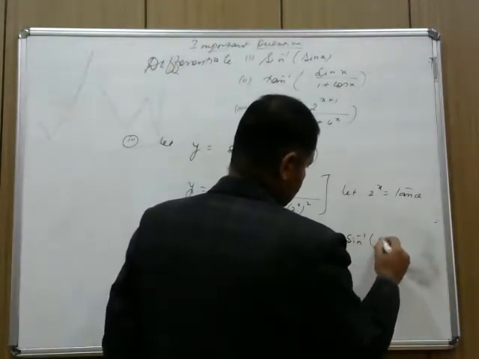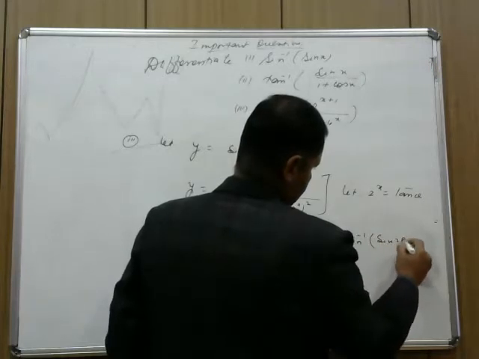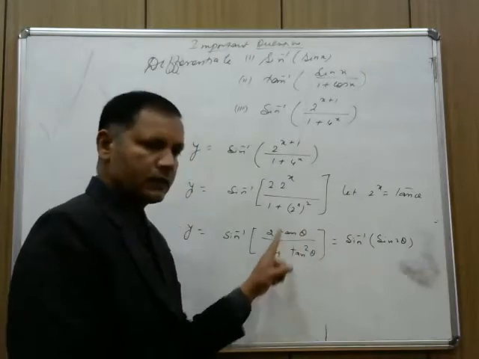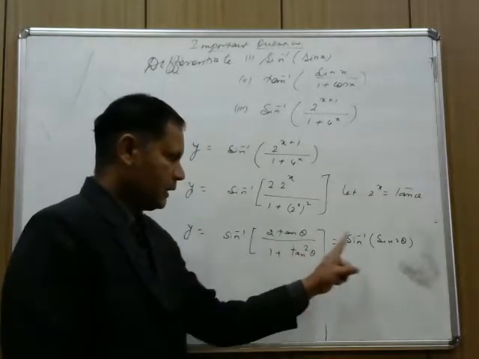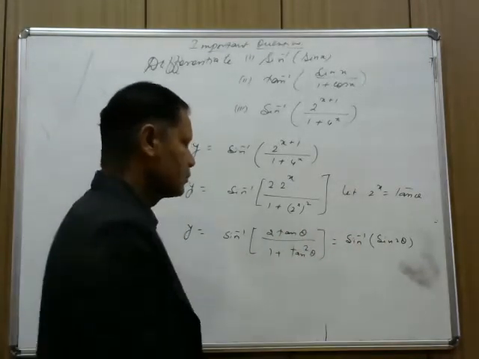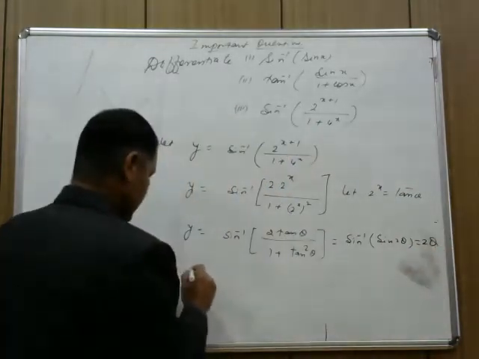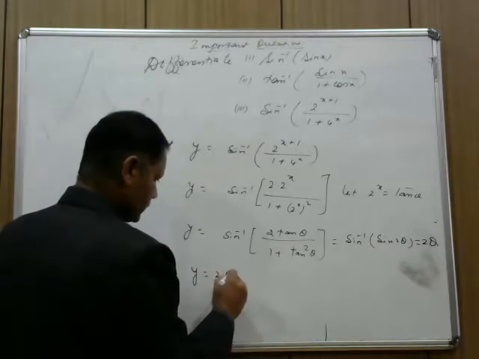Sine inverse sine 2 theta. Because you know that sine 2 theta is equal to 2 tan theta upon 1 plus tan square theta. Now sine inverse sine 2 theta is equal to 2 theta. Therefore y is equal to simply 2 theta.